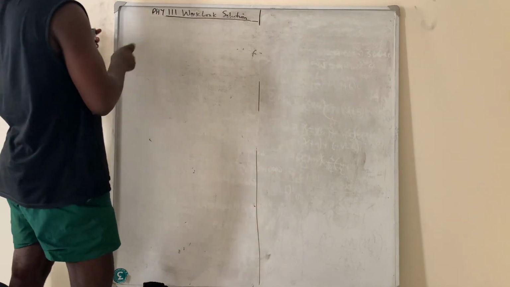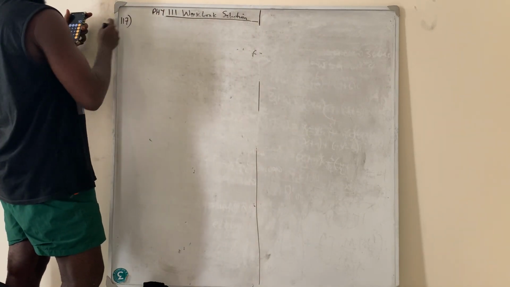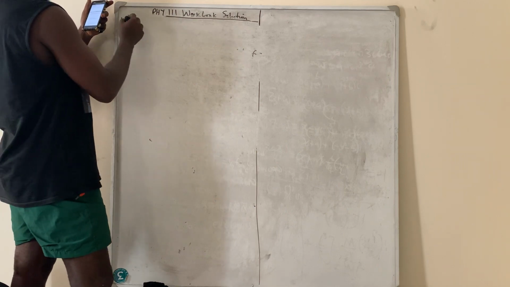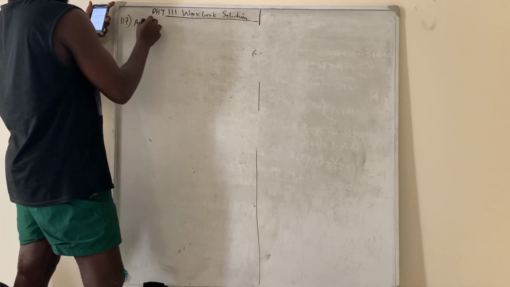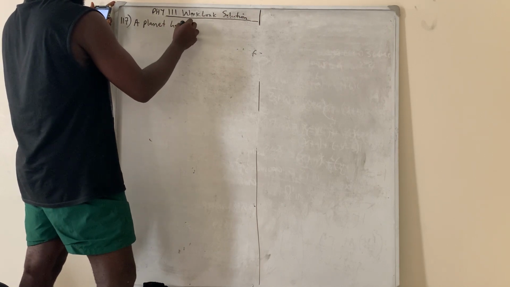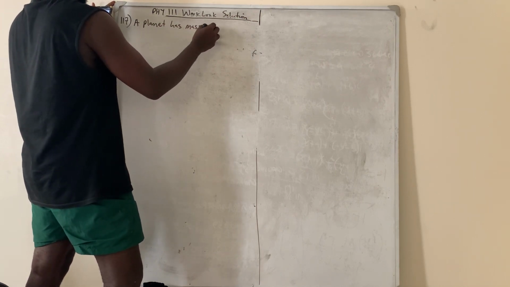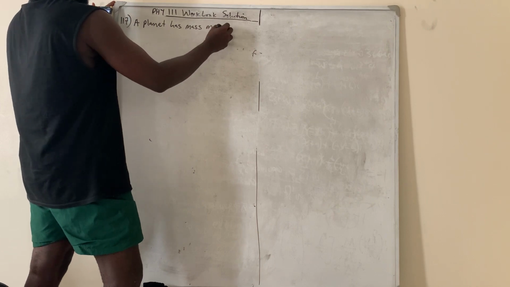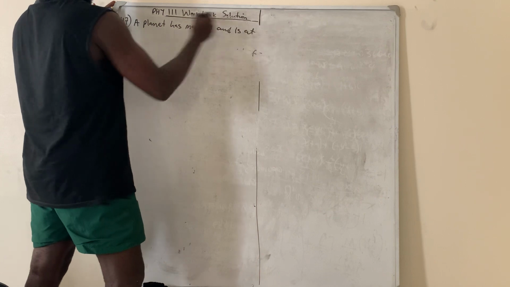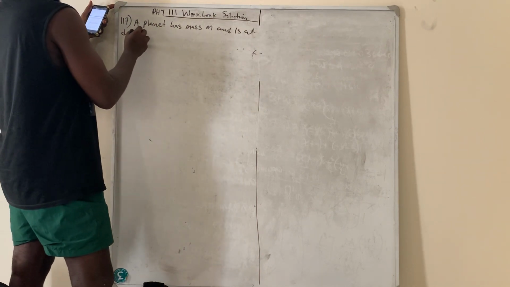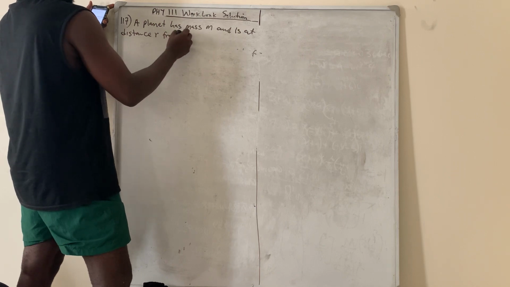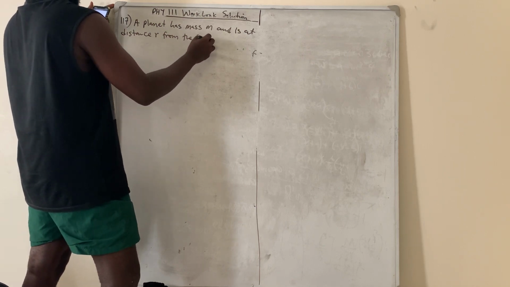Question number 117 said, a planet has mass m and is at a distance r from the sun.